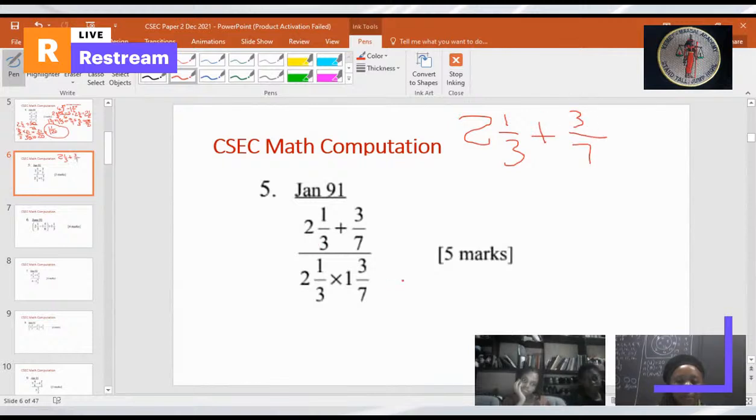You're going to change the 2 and 1 third to an improper fraction. Why not just write the 2 and work this part? Okay, we can just write the 2, and the LCM of 3 and 7.